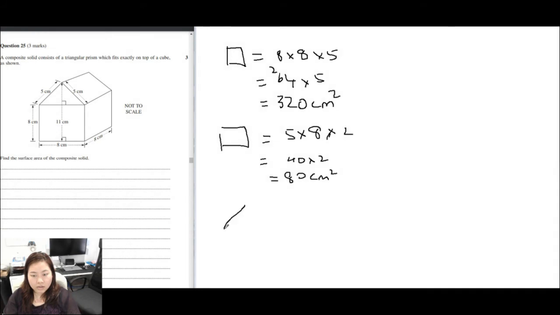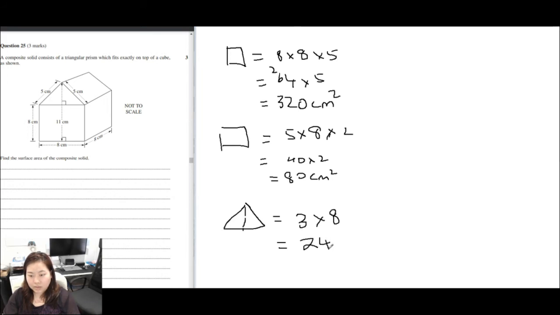Then the triangles. Now the height of the triangle is 3 because that's 11 centimeters minus 8, so that leaves 3 centimeters over there. So that's 3 times 8. I should divide it by 2 because it's a triangle, but since there are 2 of these triangles, I'm going to have to times 2 anyway, so I'm not going to divide by 2 or times 2.